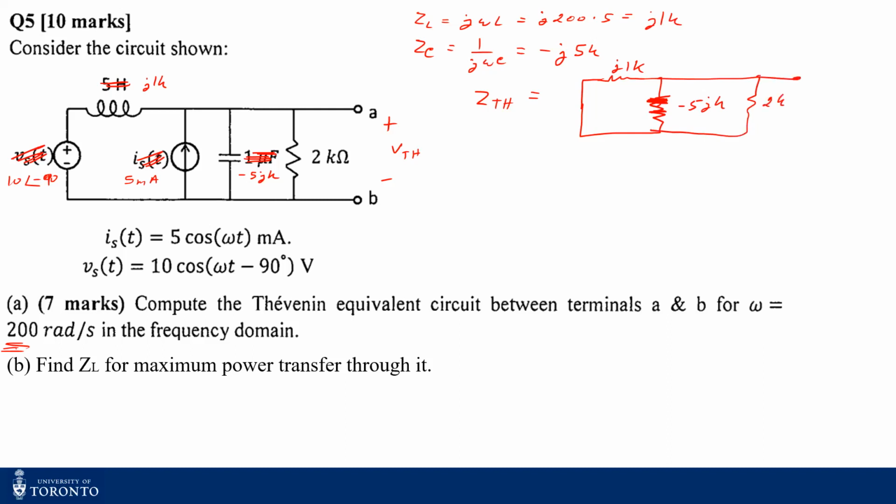So my Z Thevenin is just this inductor reactance in parallel with this capacitor reactance, in parallel with 2 kilo ohms.